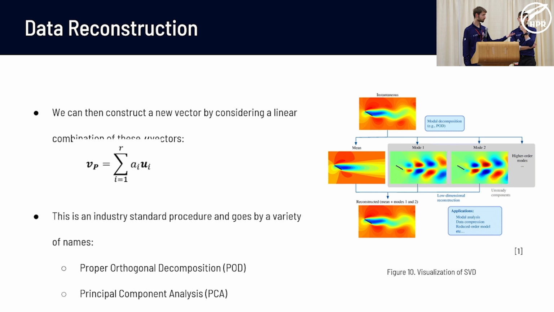And so following on with this analogy, these a coefficients, they're like the amplitudes to your Fourier series. So it's essentially like taking a Fourier series. And so this process is industry standard, and it's used a lot in statistics and dynamical systems.